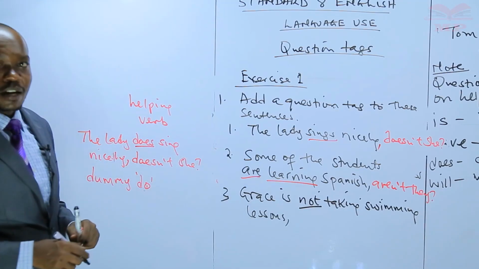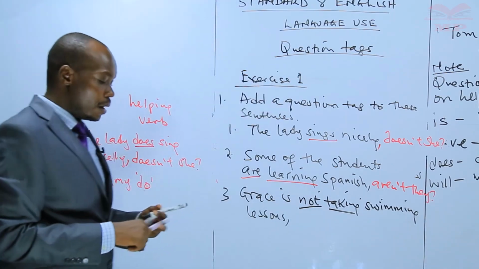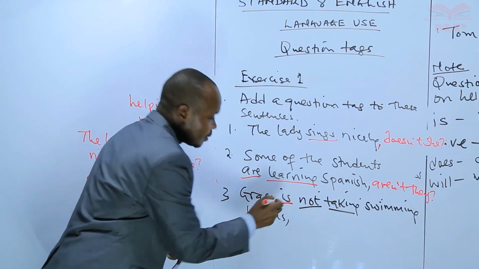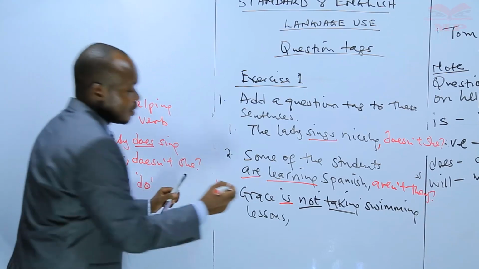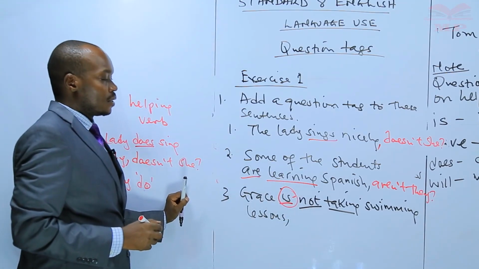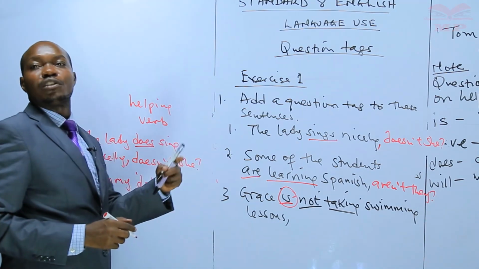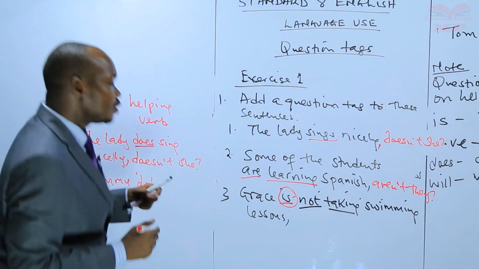What is our main verb? Our main verb is taking. Supporting verb is. So we're going to focus on is. Okay? This sentence is negative, so we're going to have a positive question tag. Is she?